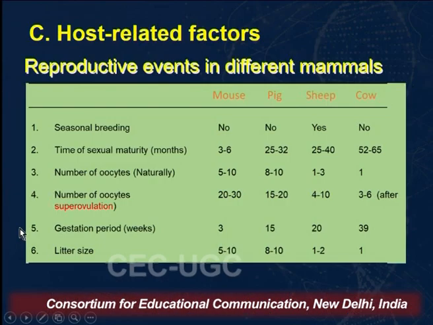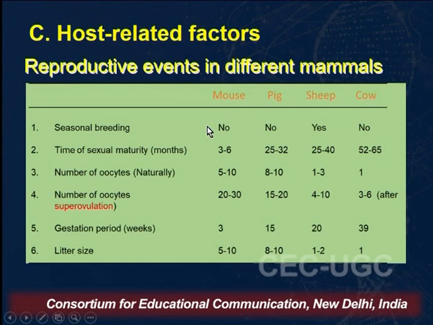Buffer composition, or the site of entry: if you inject into the nucleus, it should not be introduced into the male pronucleus only, otherwise the transgenics are not formed. And this is the last one, where I show the reproductive events in different mammals, which are the host related factors.